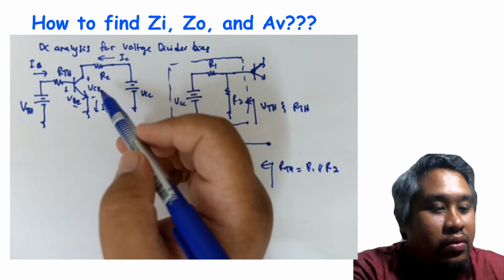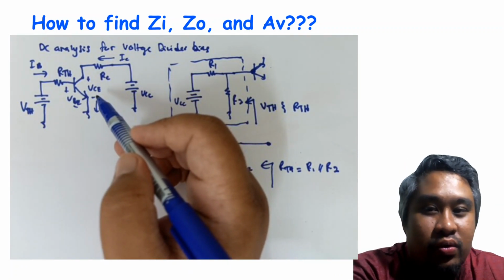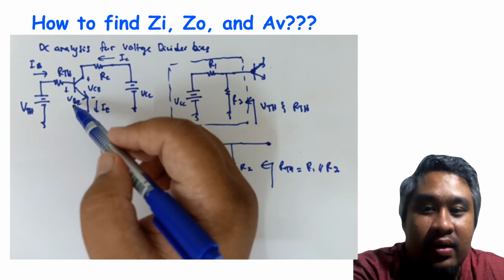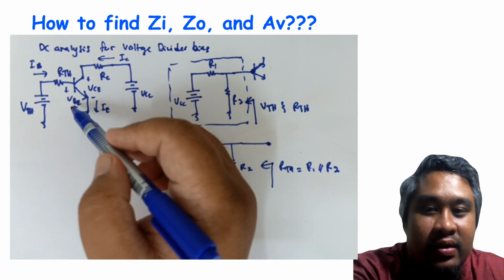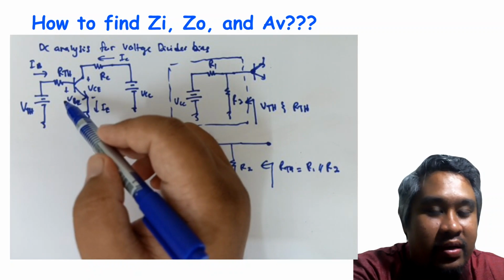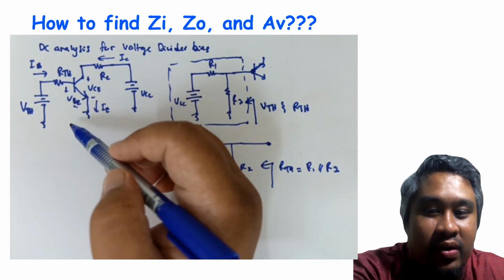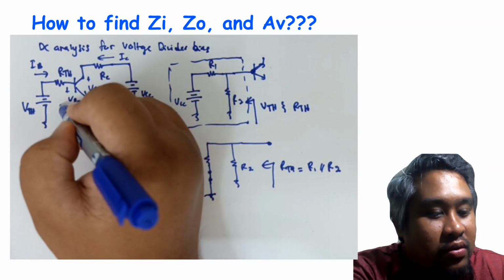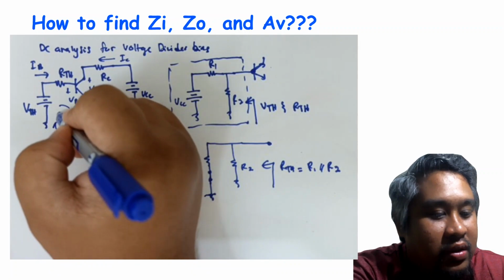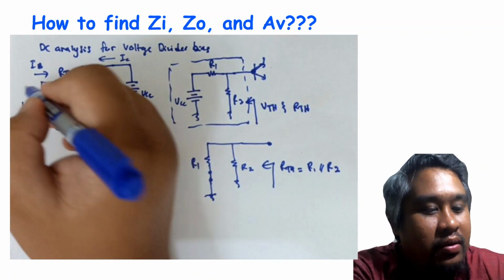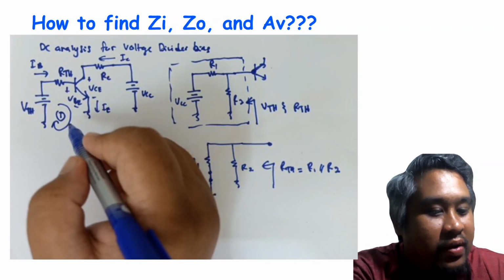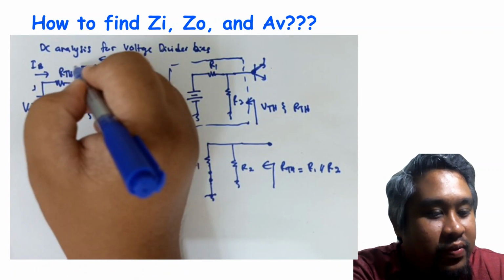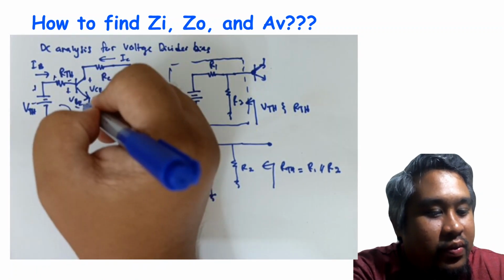Now we're going to derive the equation for IB and IE, because we want to find RE for AC analysis. Same thing, using KVL here. Positive, negative, positive, negative, VBE.